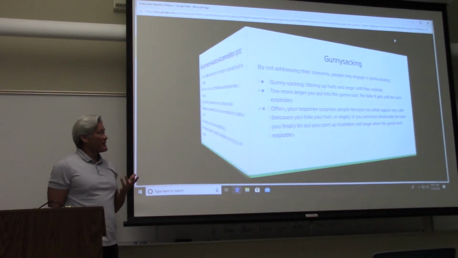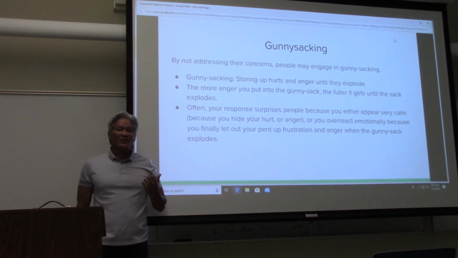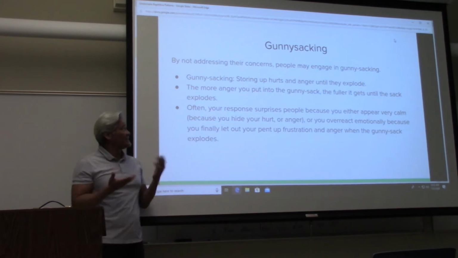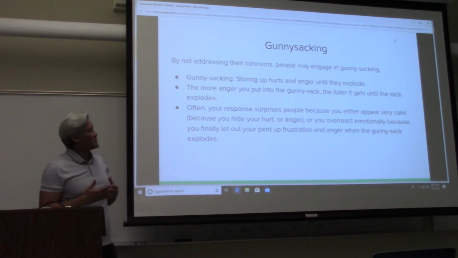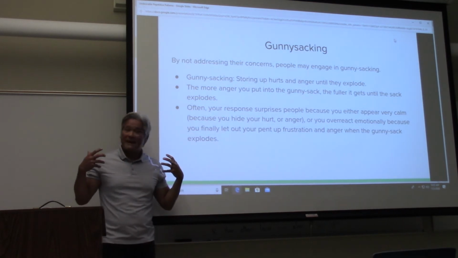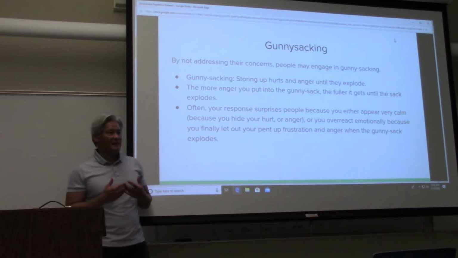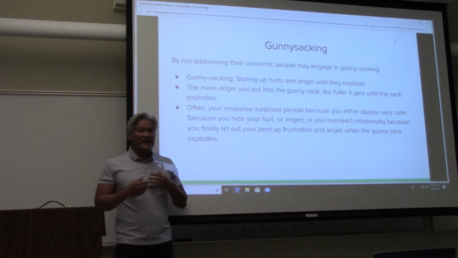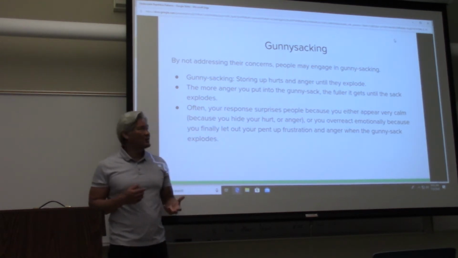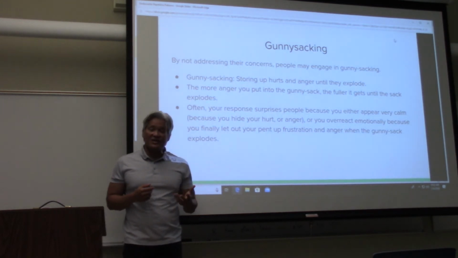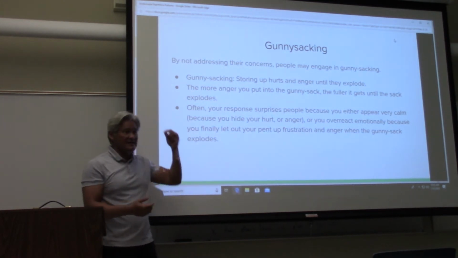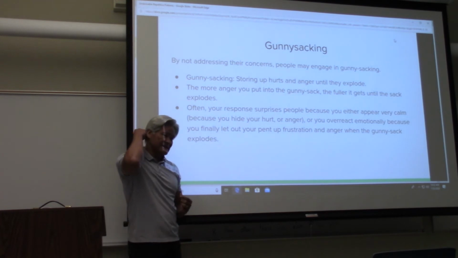And there's a word for it in your textbook, and it's found its way into pop culture, and that's gunnysacking. I've seen it on social media, people write about it. Imagine a backpack, a gunny sack, and every time you deal with a conflict situation and there are unresolved issues, anger, hurt, frustration, and you don't say anything, you're putting all of these things in your gunny sack.